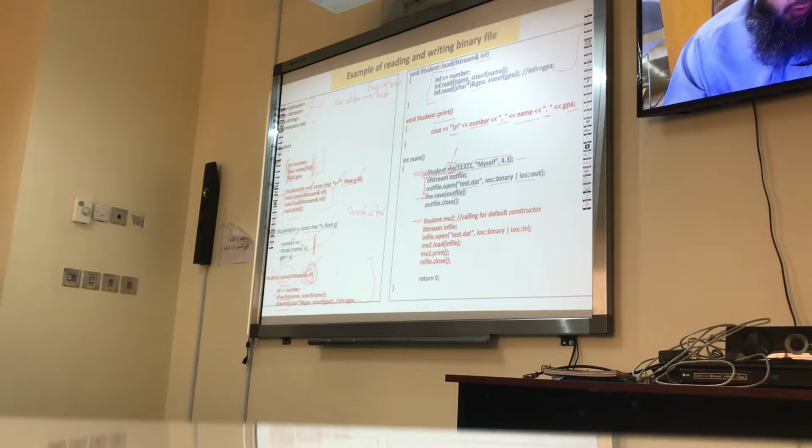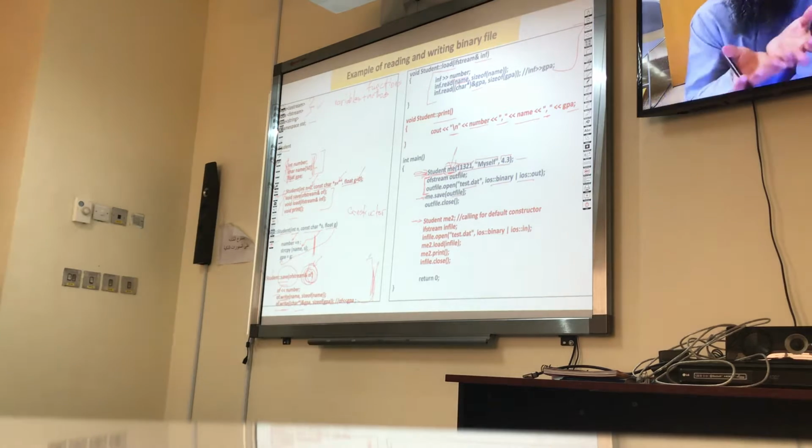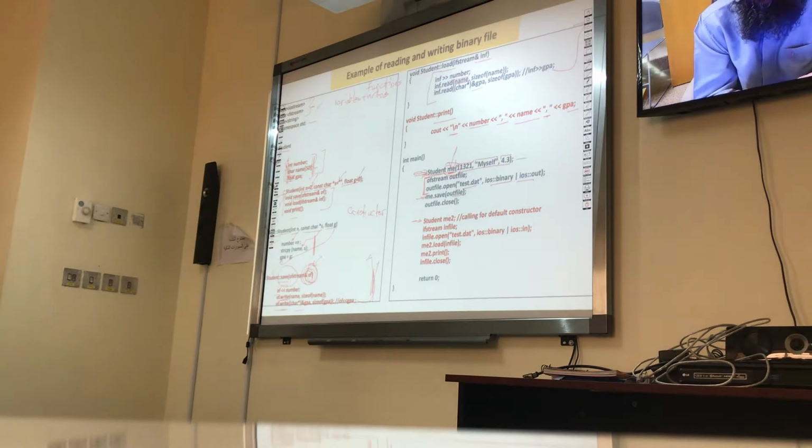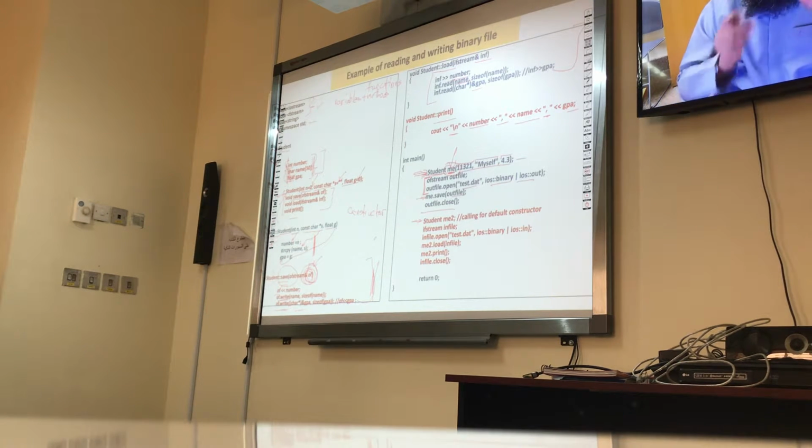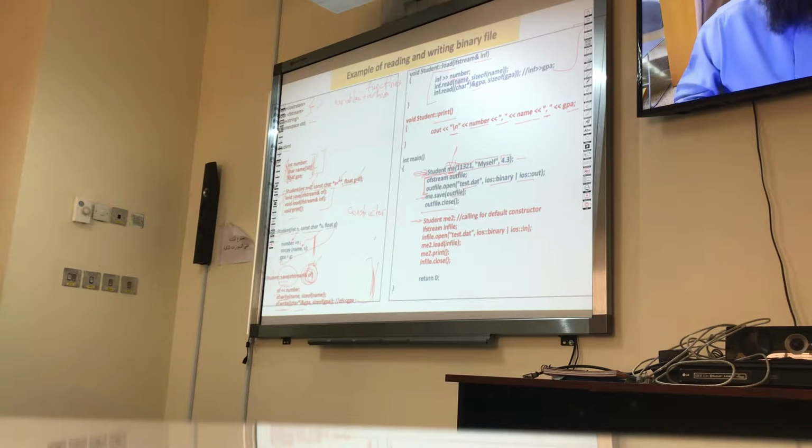So me.save calls the save method of that object, because the object has code and data both. The save method writes these variables into the file, and then I close the file. So the file is closed now, it's on the disk, saved with the name test.dat.